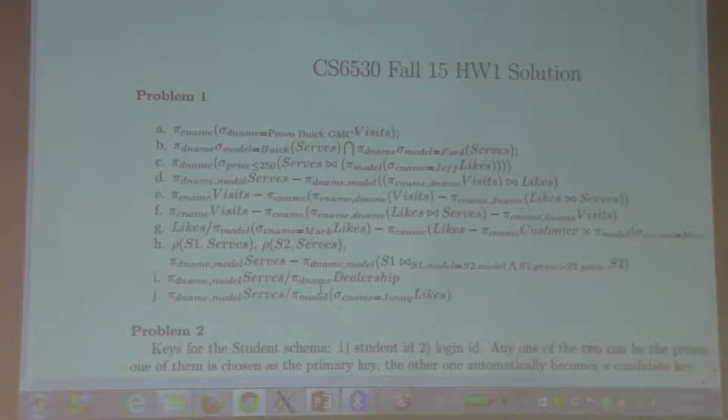The first part will give you the list of all customers and dealer names where the dealer serves at least any of the cars you like. Okay. And then you find the subtraction of the customer name and dealer name.